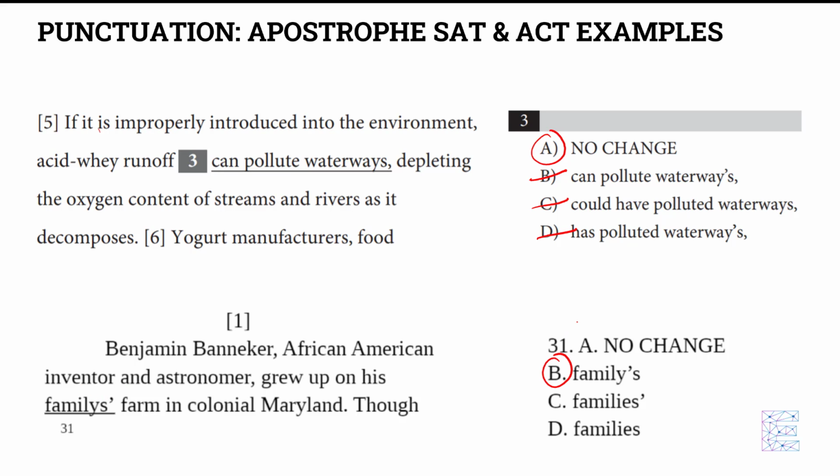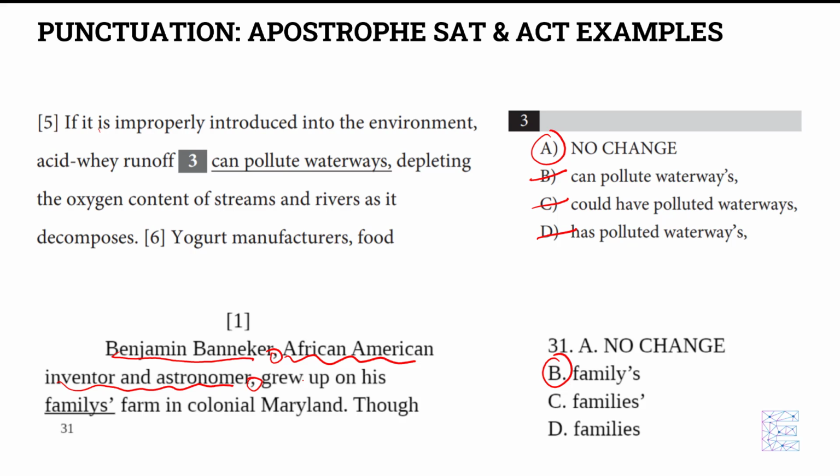While we are here on this question, I also want to point out something that we talked about earlier that it's probably important for you to just see. Notice how we have Benjamin Banneker, so someone's name, and he goes on to say African-American inventor and astronomer. You see that part is describing who Benjamin Banneker is, right? You notice that part, the African-American inventor and astronomer, is enclosed by an opening and a closing comma.